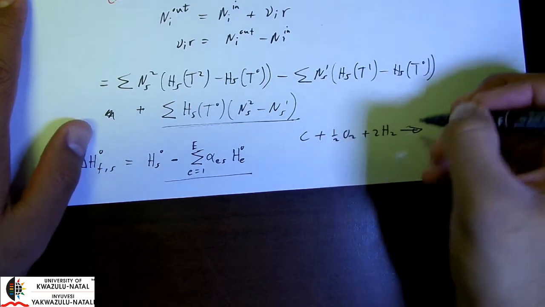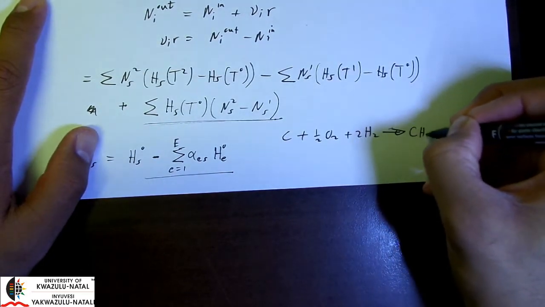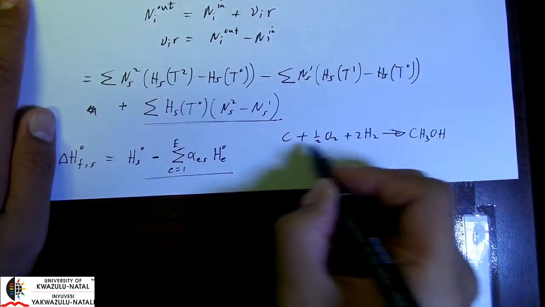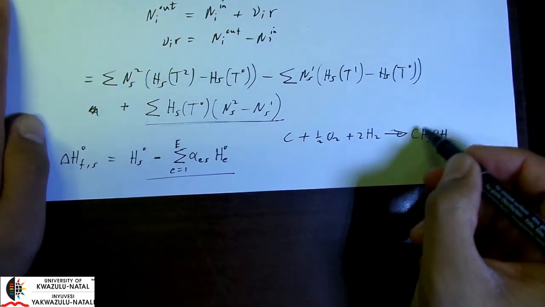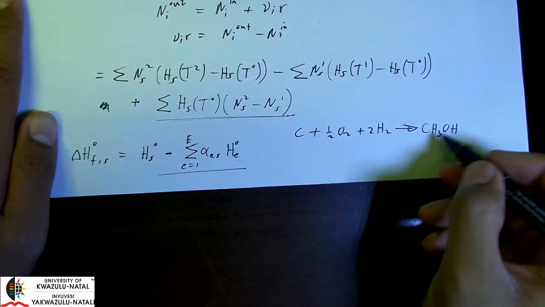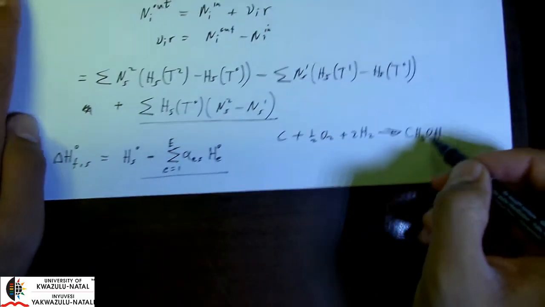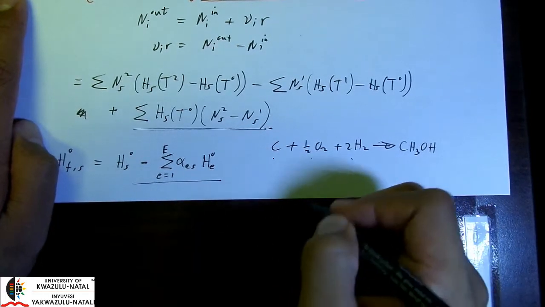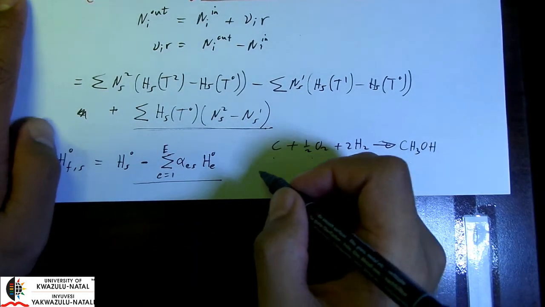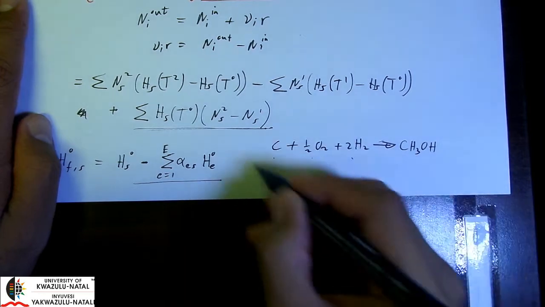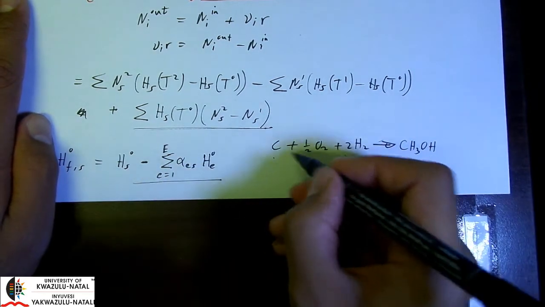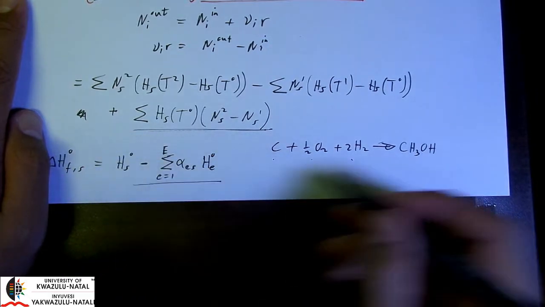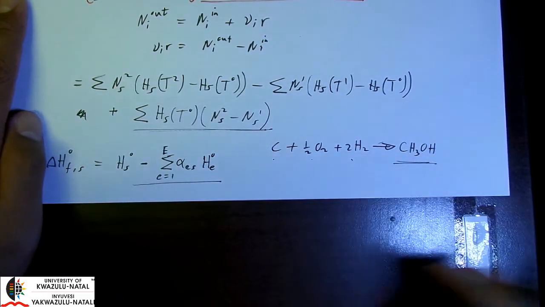Sorry, this is for methanol, giving me CH3OH. My heat of formation for this reaction is equal to the enthalpy of my methanol minus the enthalpy of each of these elements. So that's what this term represents, the enthalpies of these elements, and this here represents the enthalpy of my product, methanol.